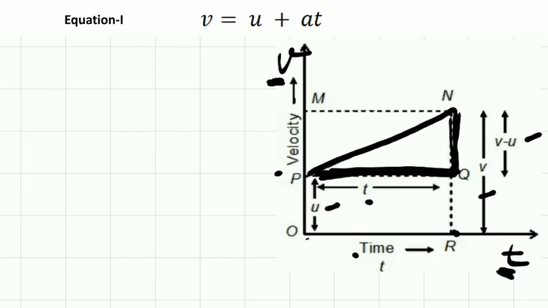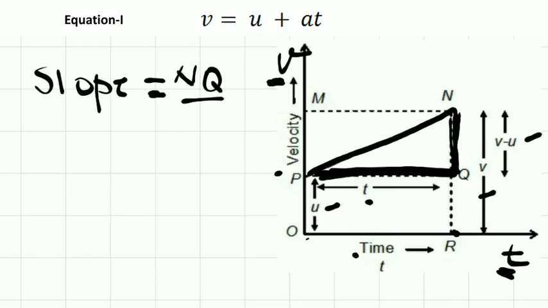So calculate the slope. The slope here will be height, which is nq, upon distance, which is pq. All right, the slope of velocity time graph is acceleration, so we can take here a is equal to nq.